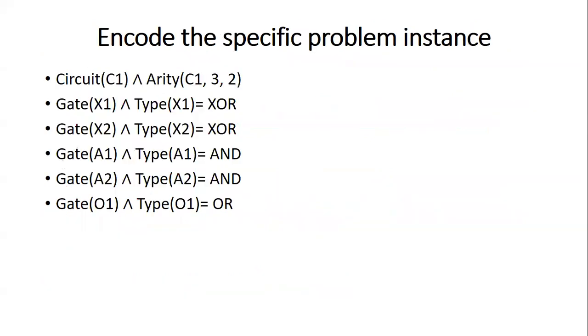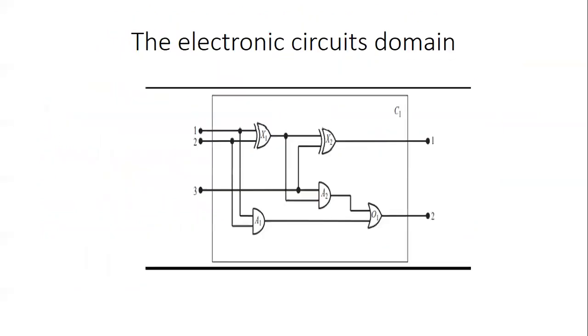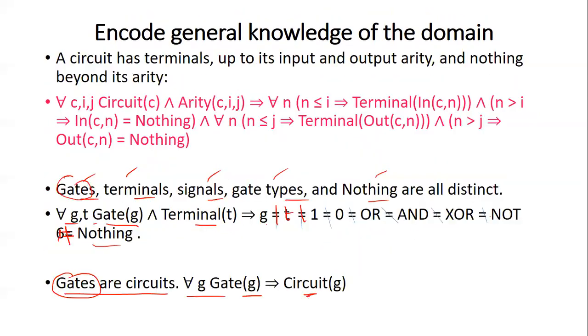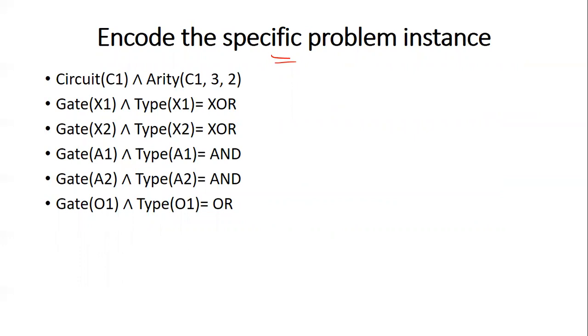Now let us encode the specific problem instance. For the given problem, whatever circuit we want to represent, there will be some specific information. Let us encode that knowledge now. At the top level, we are saying circuit of C1 and arity of C1, 3, 2. What does it mean?